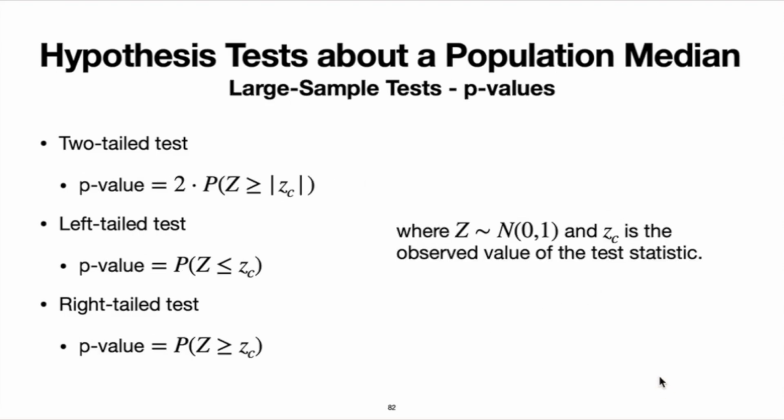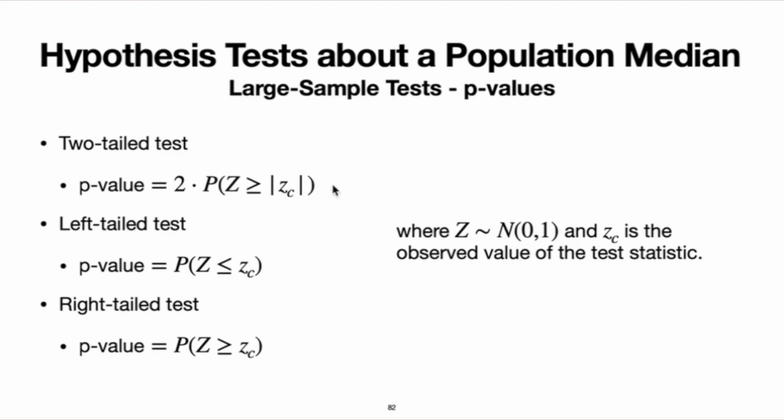And finally, to calculate p-values, and again, these are approximate p-values, because we're using an approximation to the true sampling distribution of x tot. I just want to point out here that the p-values that we obtain using this method are not going to be exactly equal to the true p-values that we would get using the binomial distribution, because the reference distribution that we're using is an approximation to that binomial distribution.